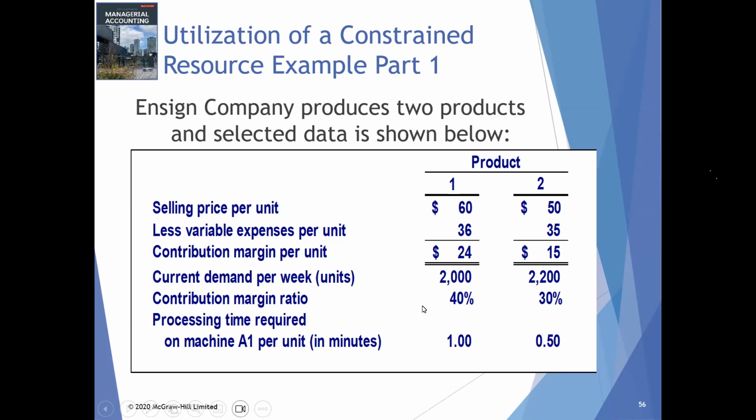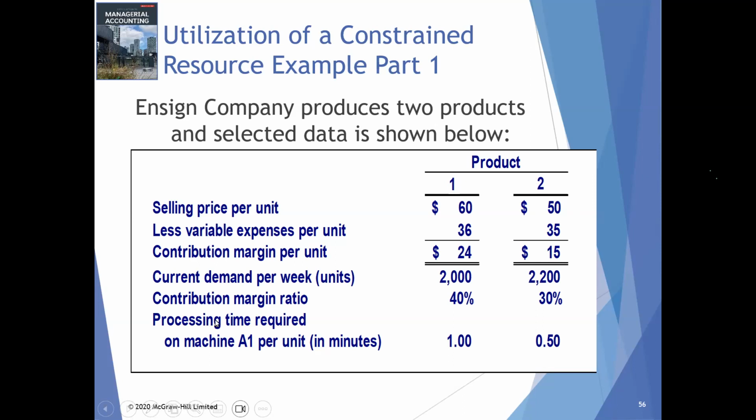We know that the contribution margin ratio is 40%, like 24 divided by 60 into 100, and 15 divided by 50 into 100, so 30%. Now the processing time required on machine A1. This is the A1 machine which can produce both product 1 and product 2.